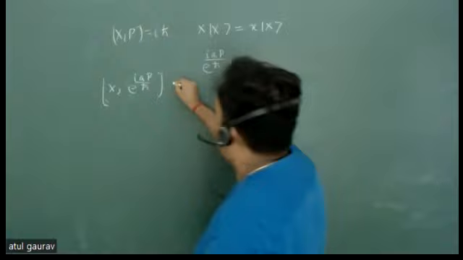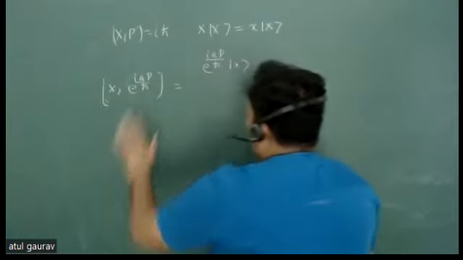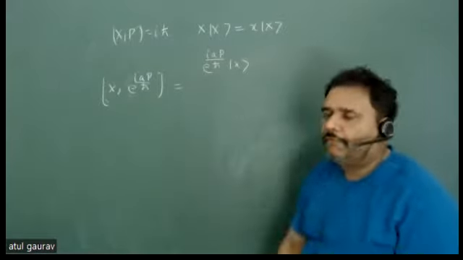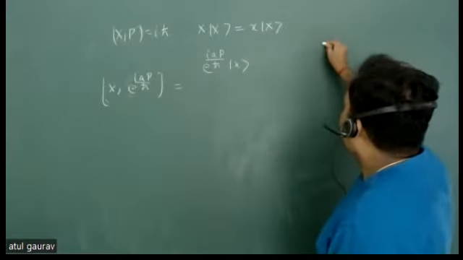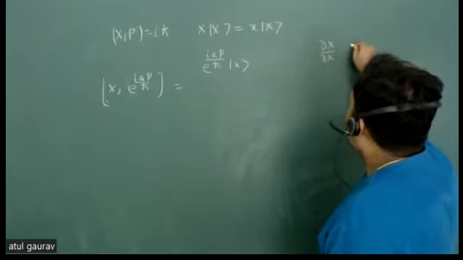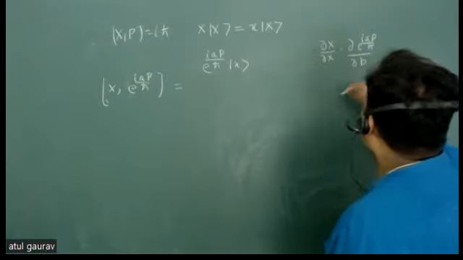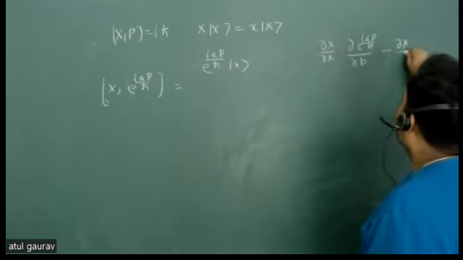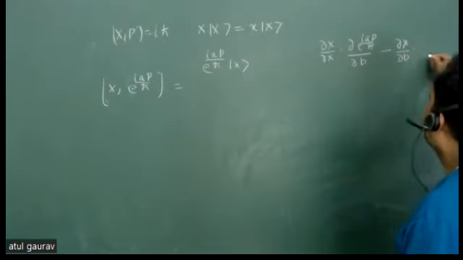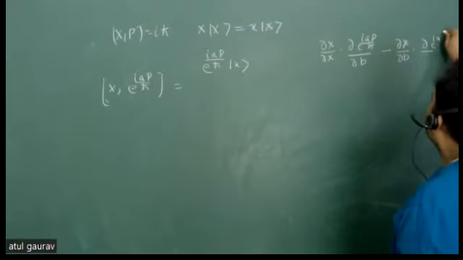I am just using the shortcut method to find this commutation of x and e to the power i a p upon h cut. So let's figure out what will happen. Obviously, del x upon del x into del e to the power i a p upon h cut upon del p, minus del x upon del p into del e to the power i a p upon h cut upon del x.